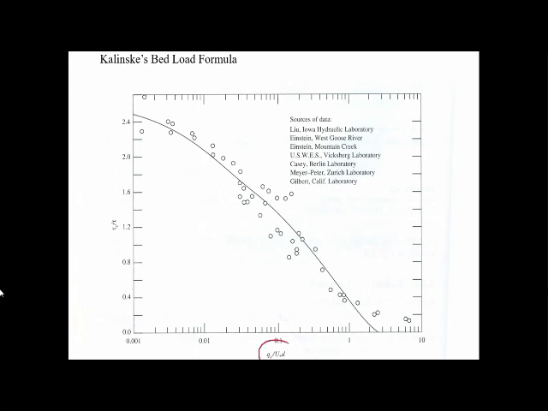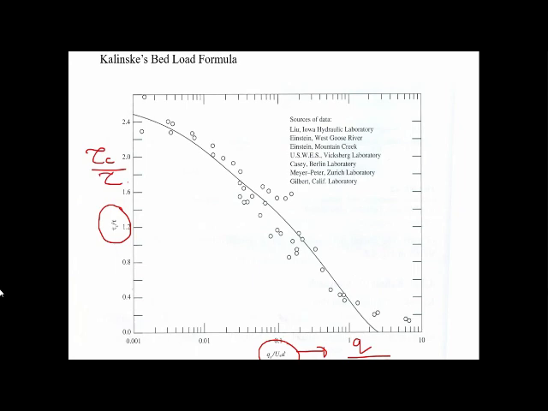On your x-axis, you have Q divided by U star times d50, and the y-axis here is the ratio of tau C over tau naught.